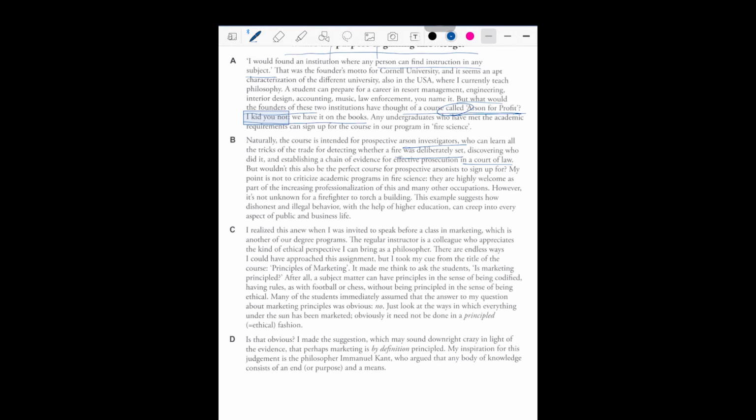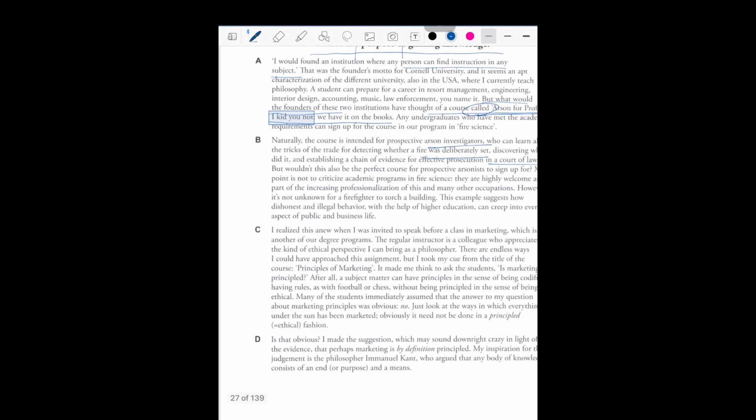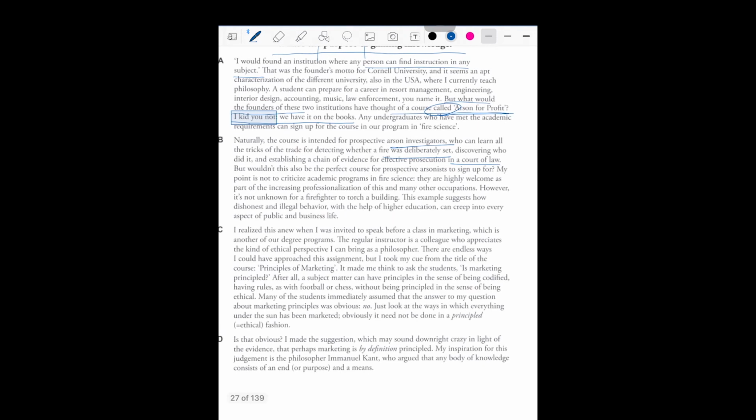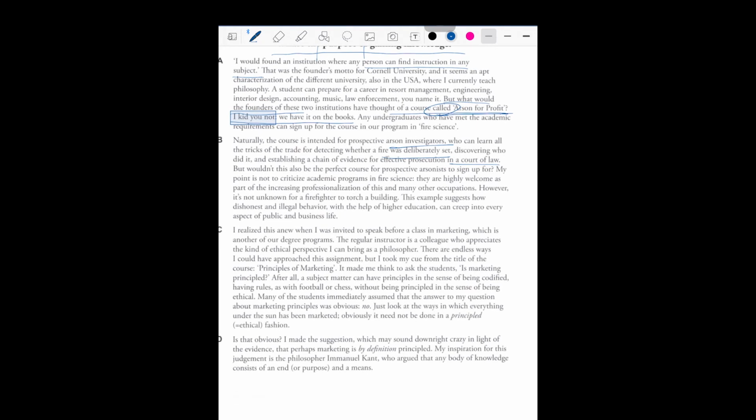However, it's not unknown for firefighters to torch buildings. Interesting. The example suggests how dishonest and illegal behavior with the help of higher education can creep into every aspect of public life. I see.